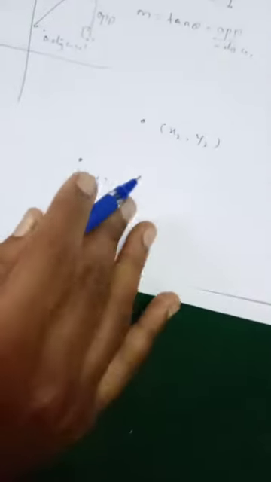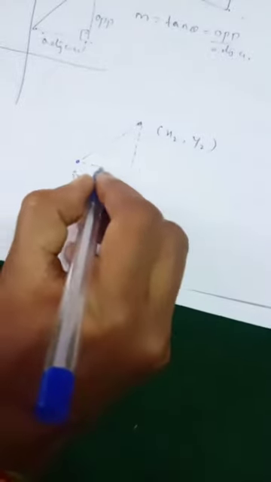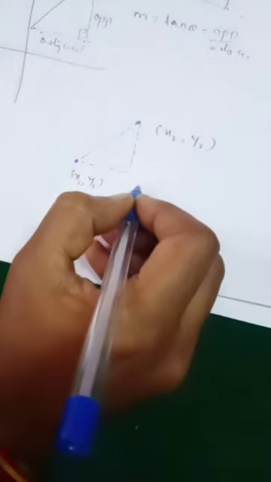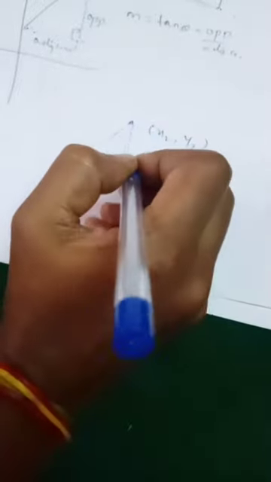Okay, when we don't know the inclination, how do we find the slope here? Slope, as we know, is vertical by horizontal. Now I want this distance. So if I write, what is the total distance?